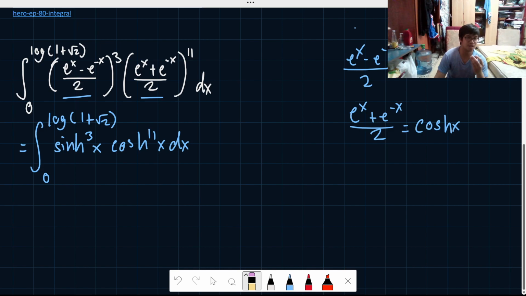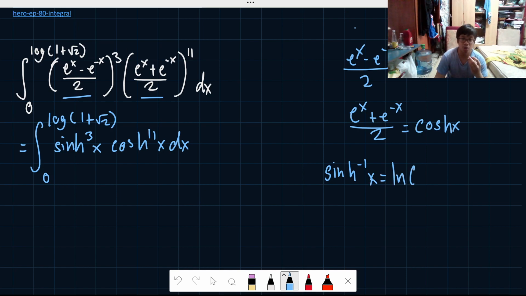Instead of log of 1 plus square root of 2, we can do something about that. So what would it be? Here we're going to relate another hyperbolic trigonometric property, where the inverse hyperbolic sine of x is simply the same as ln of x plus the square root of x squared plus 1.